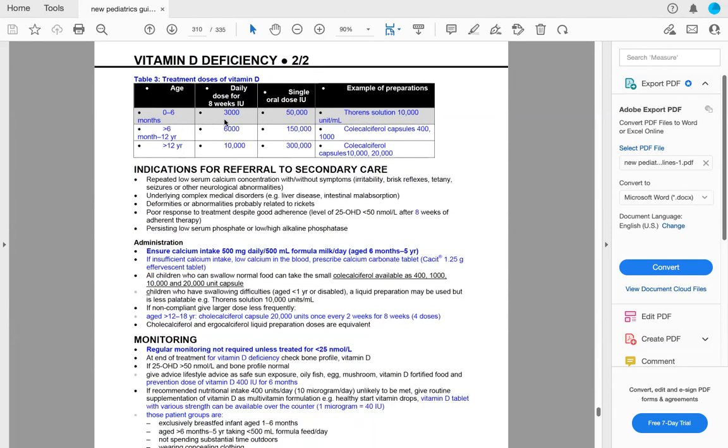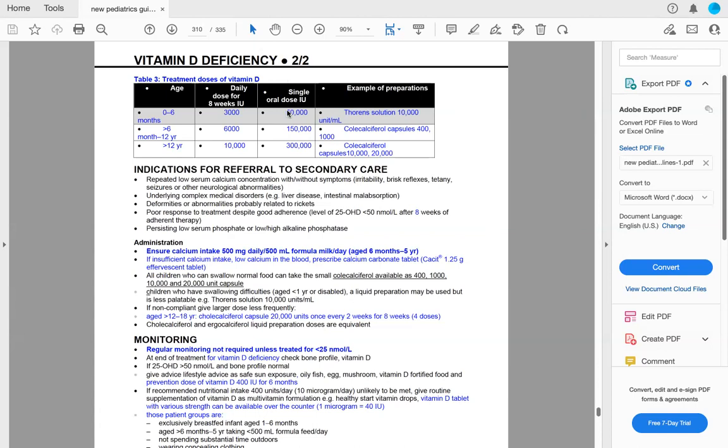For treatment, 0 to 6 months, 3000 international units daily for 8 weeks. We did not tell this to the examiner, so here I will cut marks because the treatment was incomplete. If you give daily, it is 8 weeks, 2 months. If you give a single oral dose, it is 50,000. Then after 8 weeks you check again: X-ray, calcium, parathormone.